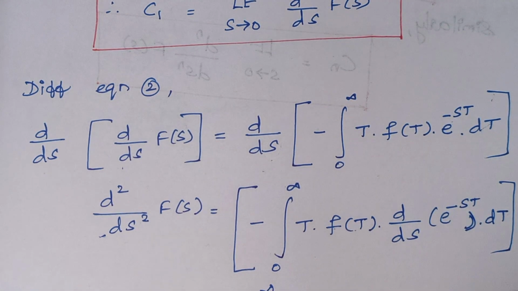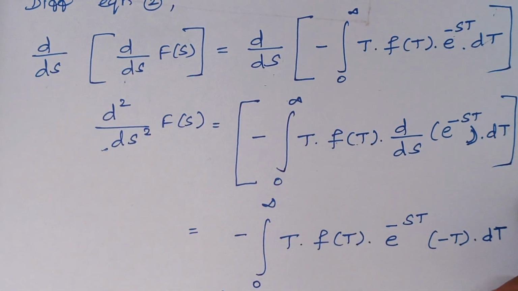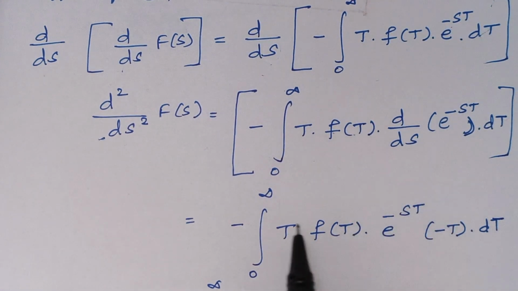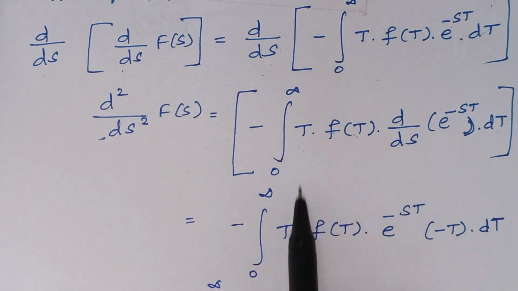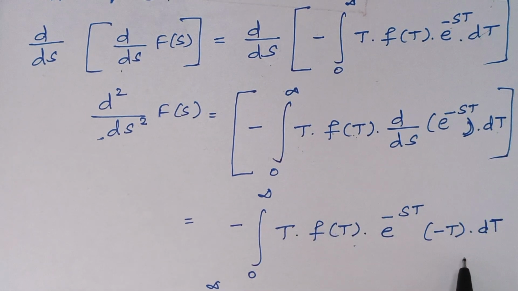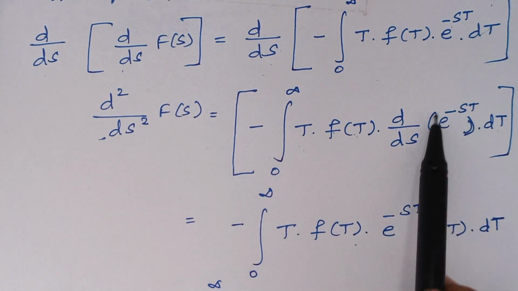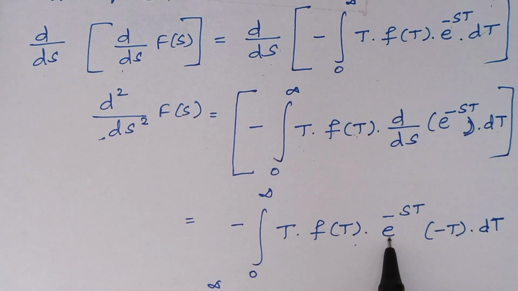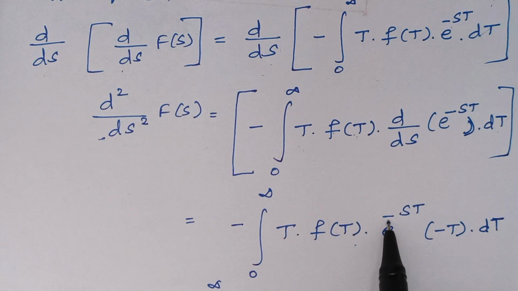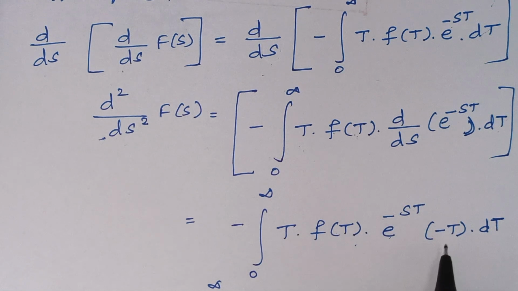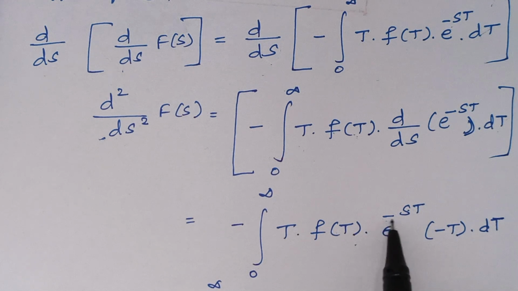When you differentiate, the remaining terms remain the same. T into f of t into dt remain as such. When you differentiate the term e power minus st, you get the same e power minus st, but differentiating with respect to s gives minus t as the remaining factor.